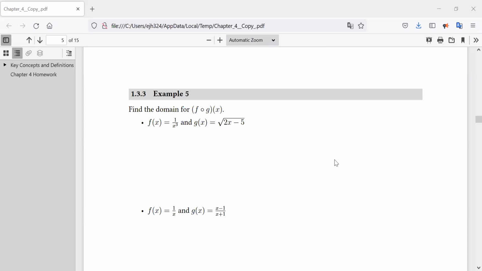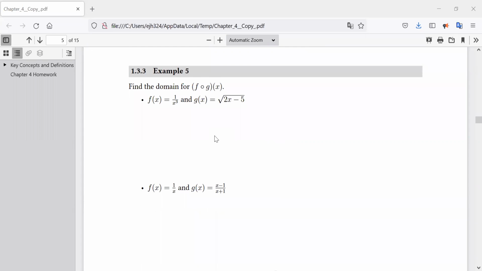Now we want to find the domain of a function composition. We're still asking, what numbers can I validly plug in and get an answer out? But it becomes a little more complicated when I'm layering them.